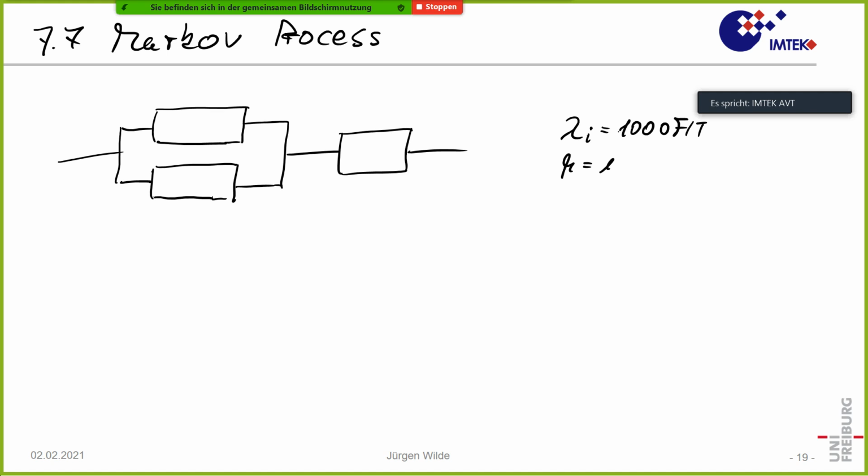I think we said 10 to the power of 5 fit. Yes. Okay, these are redundant. That is 1 out of 2 redundancy. That means one of these must work in order for the system to work.